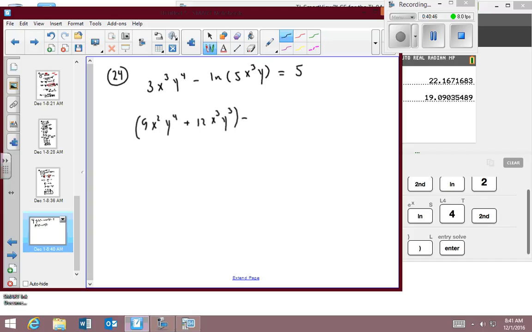Minus, all right, the derivative of that is 1 over the argument, x cubed y, and then the derivative of the argument.